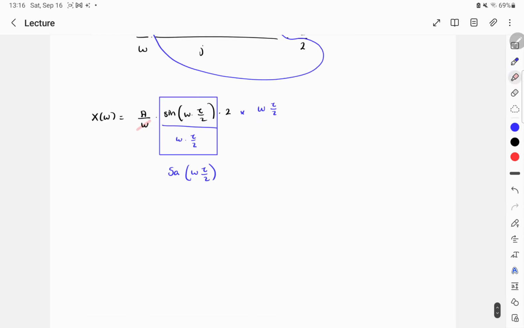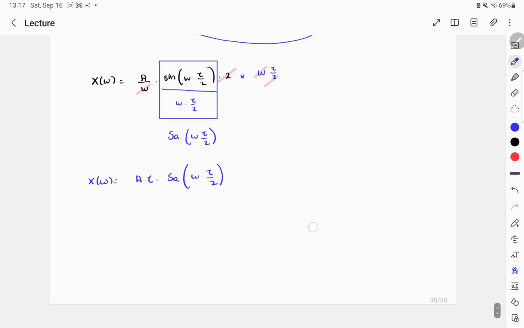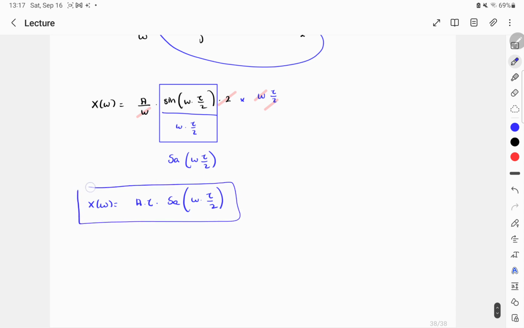We have omega here, they will cancel out, 2 here, they will cancel out, and eventually we will have our Fourier transform as a times tau times sinc of omega tau over 2. This is our result, and this is the Fourier transform of a rectangular pulse.